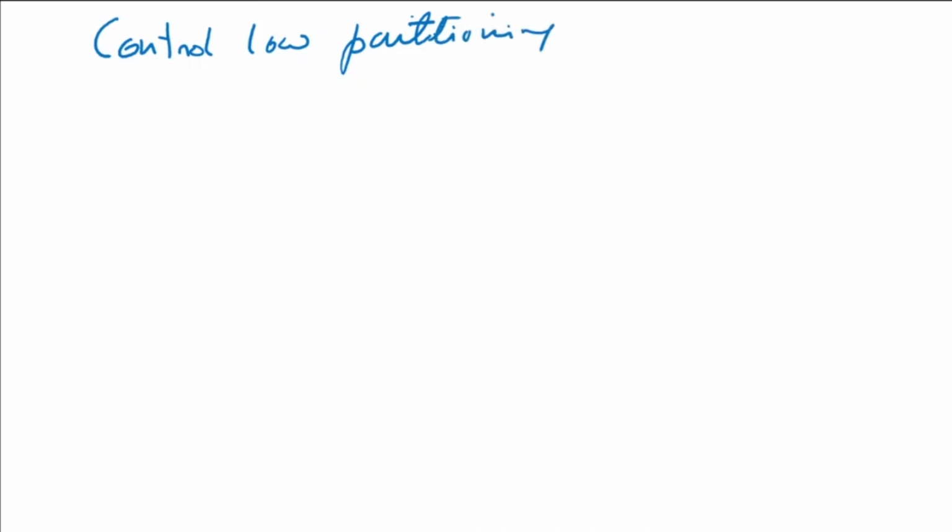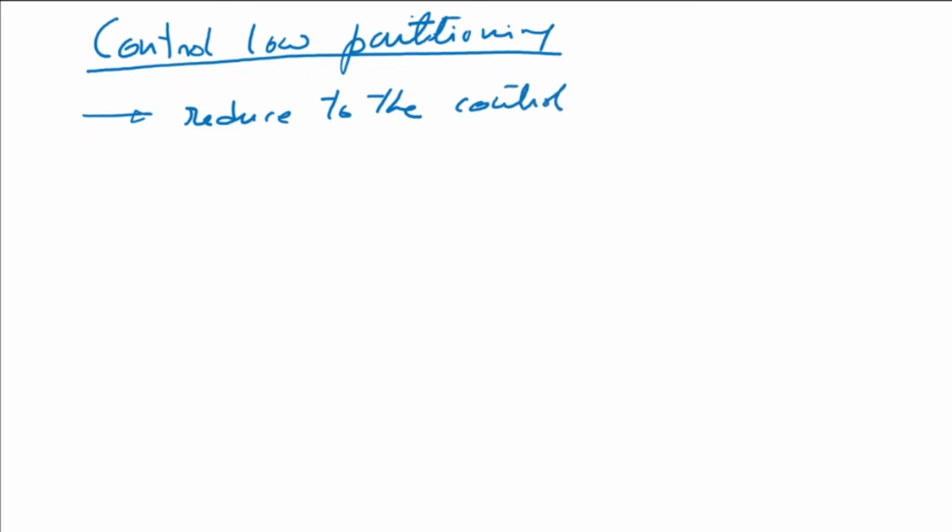In control law partitioning we try to reduce the control of this system to the control of a single mass system, or a unit mass system.